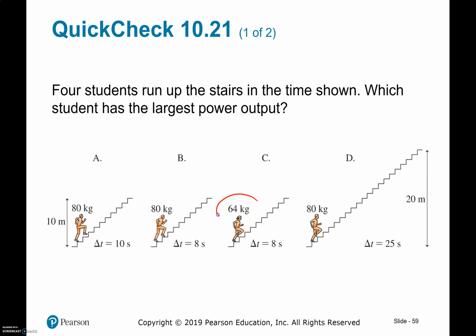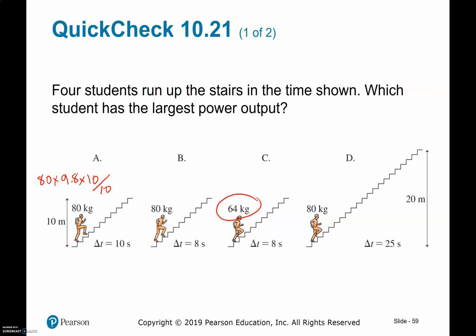Now, C is a little lighter than the other 3, so the question is which one has the largest power output? Well, let's calculate the power outputs. For A, it would be mgh, which is 80 kilograms times 9.8 times h, which is 10 meters, and then that divided by the time, which is 10 seconds.